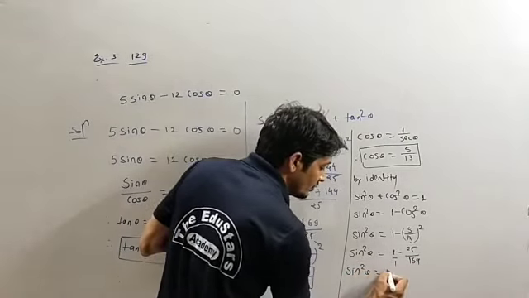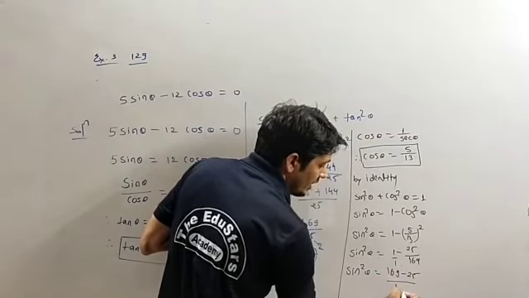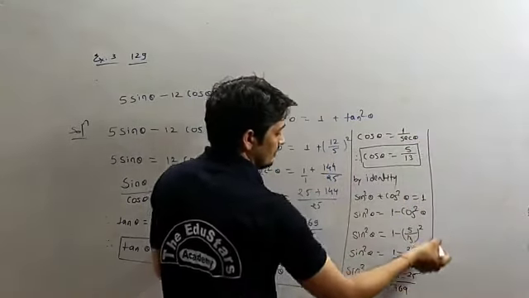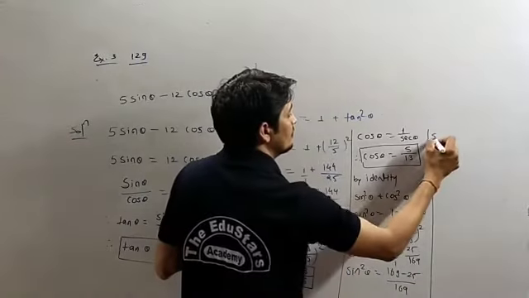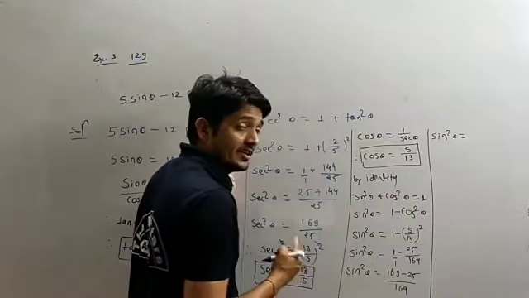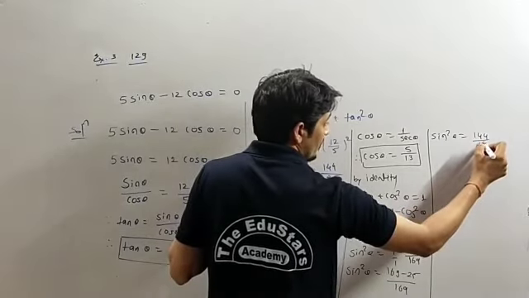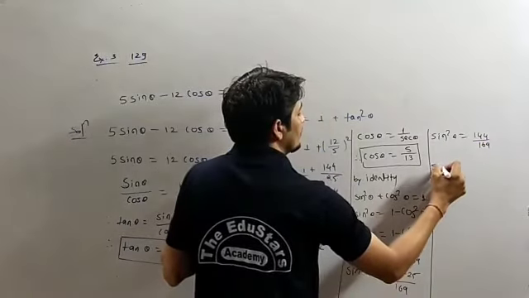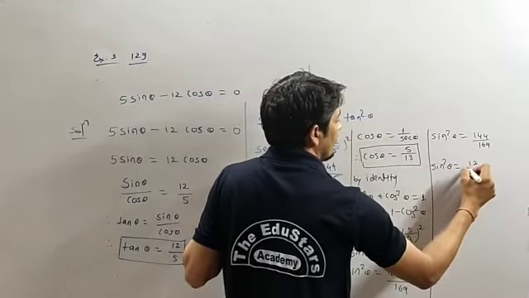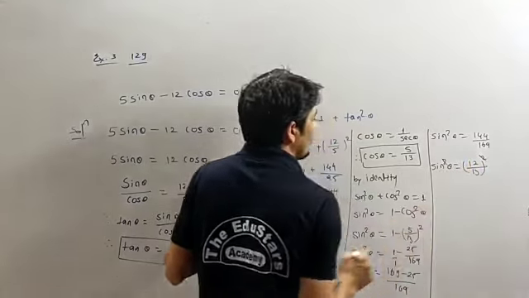So sin square theta equals 169 minus 25 divided by 169, which is 144 divided by 169. 144 is the square of 12 and 169 is the square of 13, so square and square get cancelled.